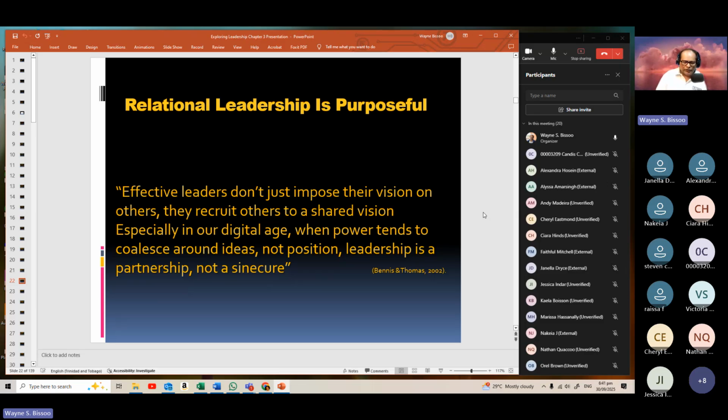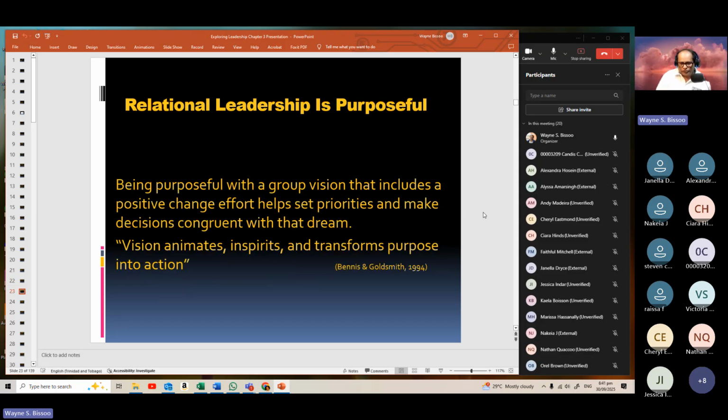If we don't get other people around us who share in our vision, the organization is not going to move anywhere. One of the most important things is to make sure that the purpose we are getting together for is one that we share. It's not one that just comes from any one individual.